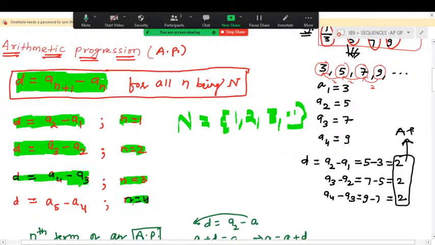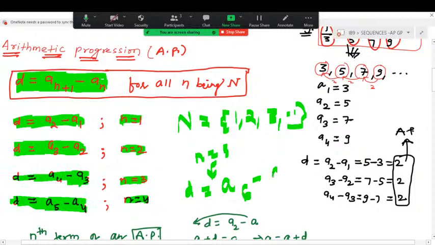Similarly, if I substitute n equal to 4, I will get a5 minus a4, that is also a common difference. Can you tell me what will I get if I substitute n equal to 5? Is it a6 minus a5? Exactly. If you substitute n equal to 5, here 5 plus 1 is a6, and it will be subtracted with a5, and it is also a common difference.